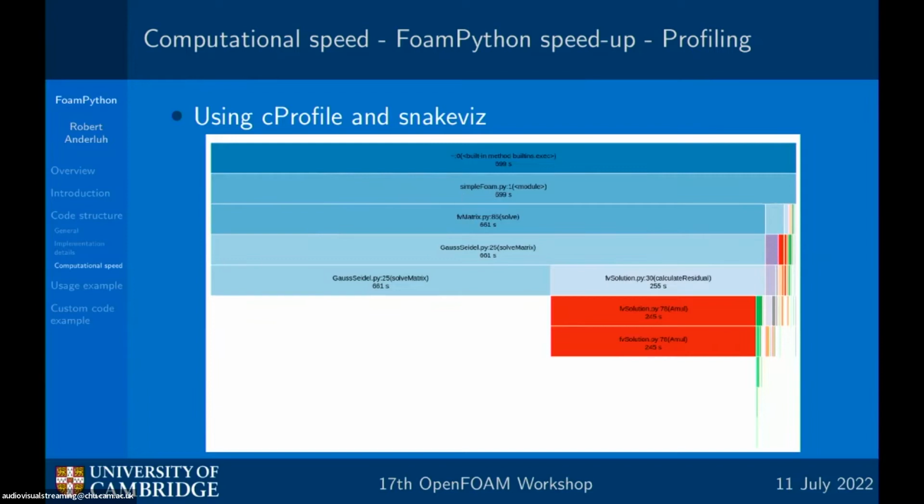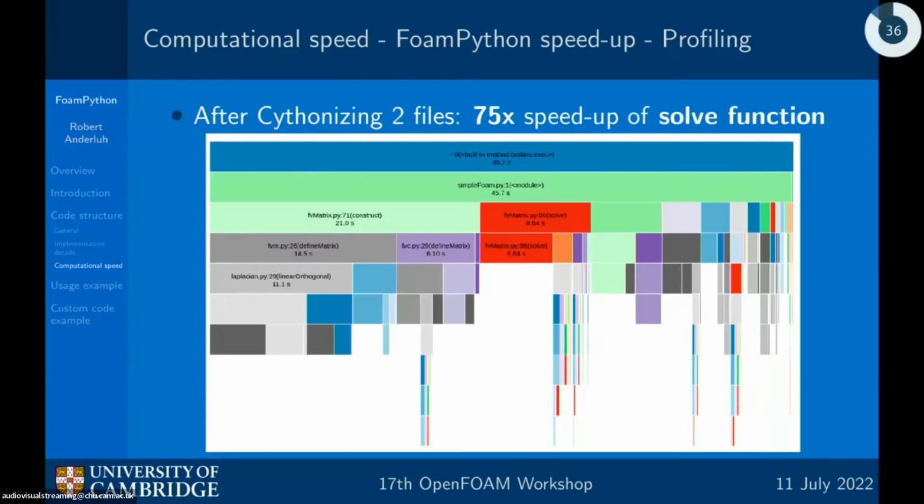So what I realized here is that there are two functions, which correspond to two files, that were taking up almost all of the computational time. So if you see, this is everything else, and these are two files or two functions. After I Cythonized this using the type declaration techniques that I presented before, I get this.